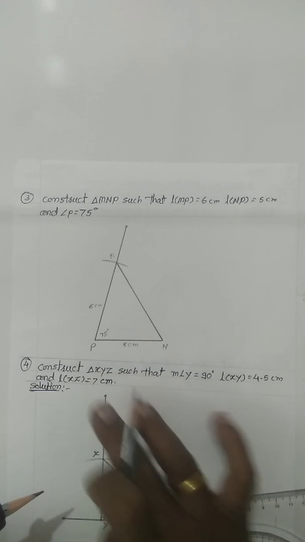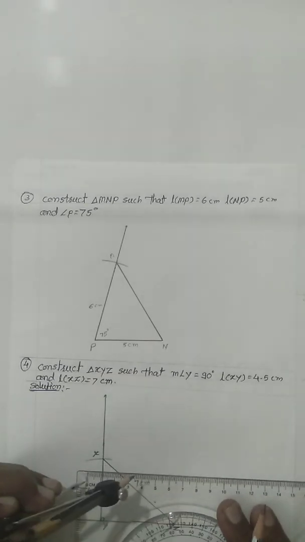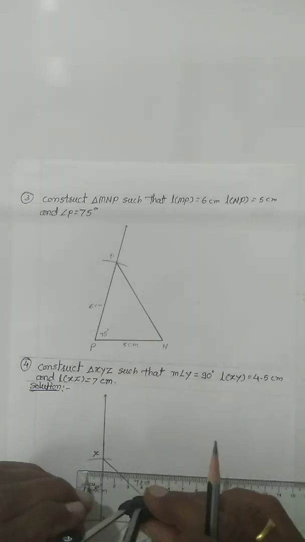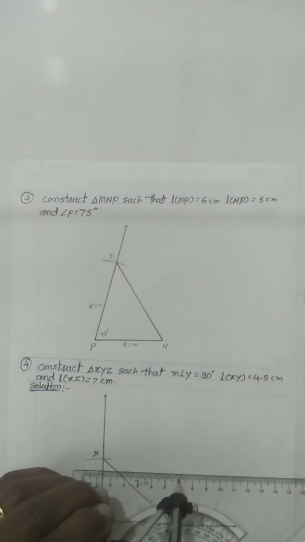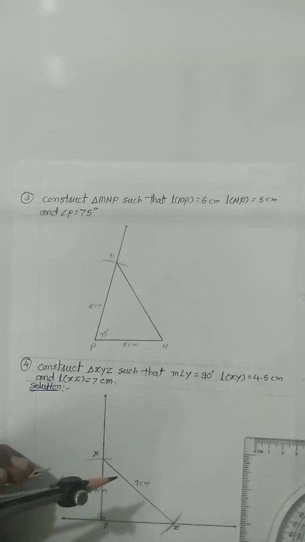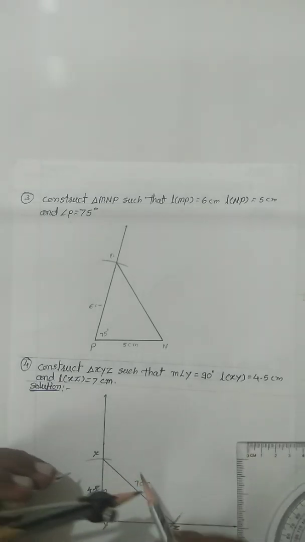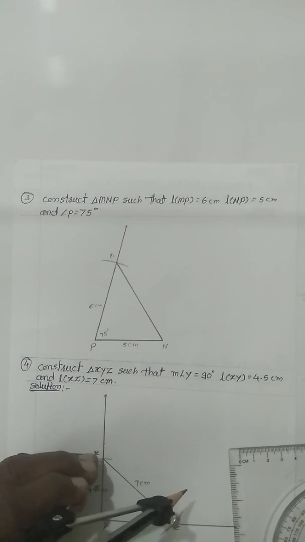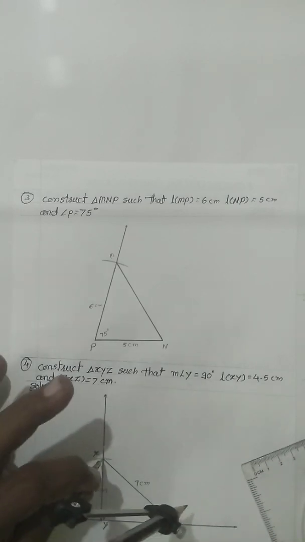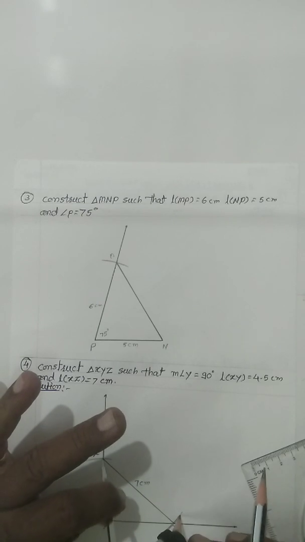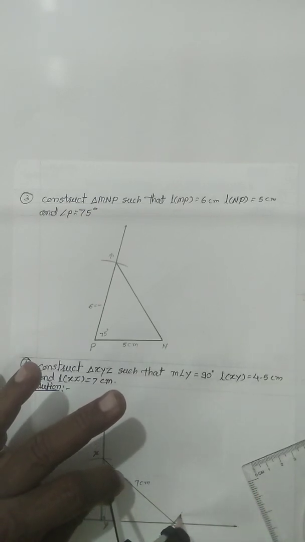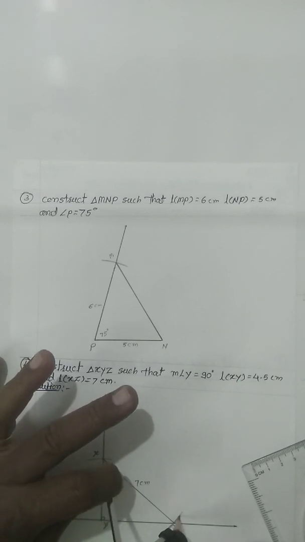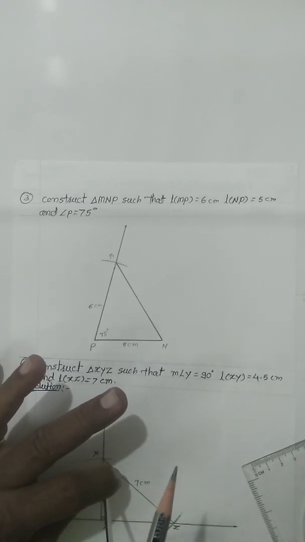Then take a distance between the two terminals, XZ, that is 7 centimeter. In this way we take a distance of 7 centimeter. We know the point X, so put one terminal at point X and draw the arc on this line.